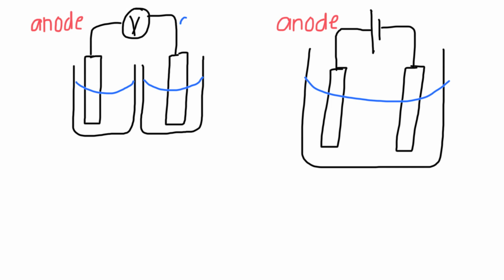Always on the right-hand side, the cathode. Links, altyd die anode. Regs, altyd die kathode. Always, no exception, geen uitsondering.